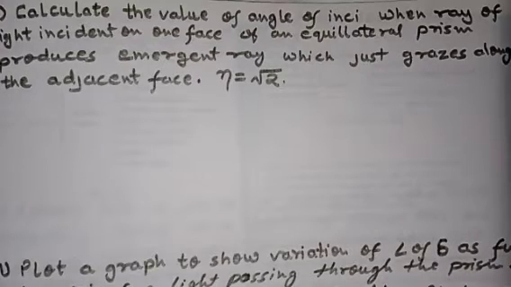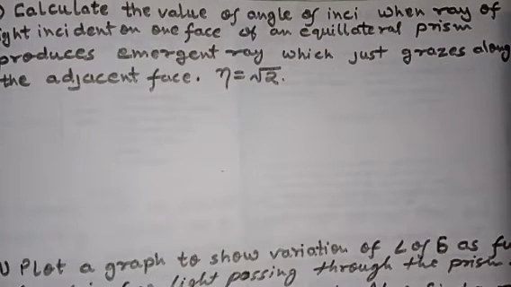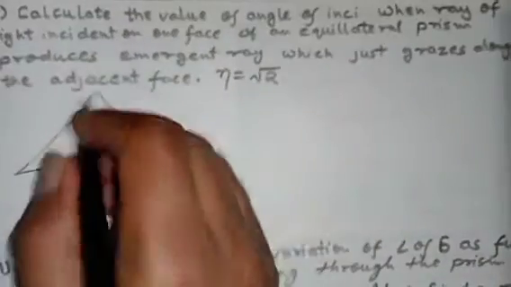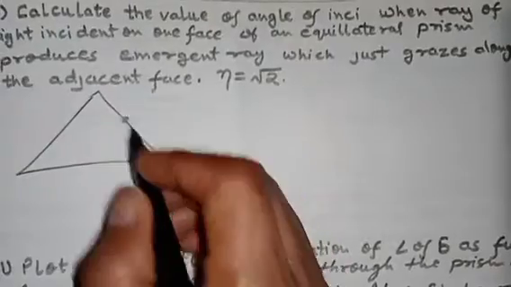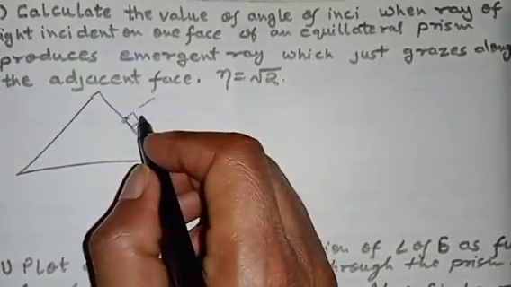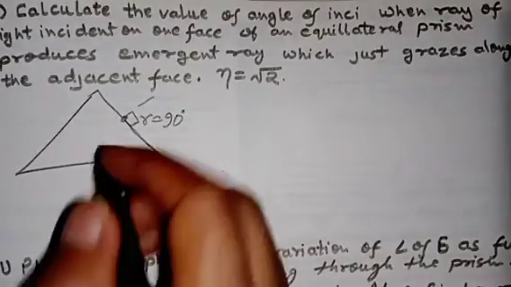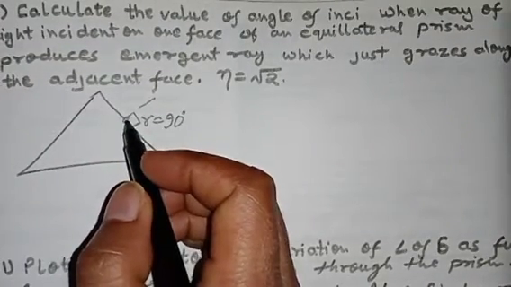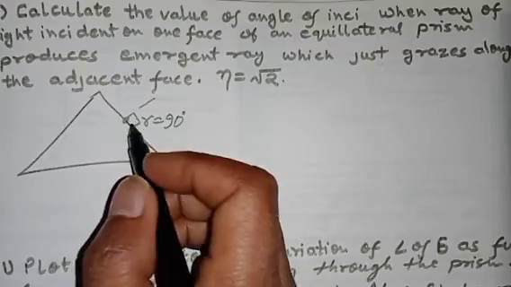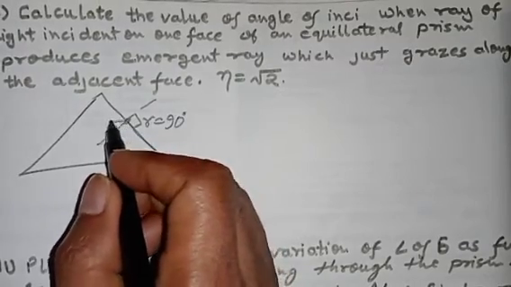Calculate the value of the angle of incidence when a ray of light incident on one face of an equilateral prism produces an emergent ray which just grazes along the adjacent face, and eta is given as root 2. It grazes out, which means the angle of refraction is 90 degrees. What about the angle of incidence on this face?